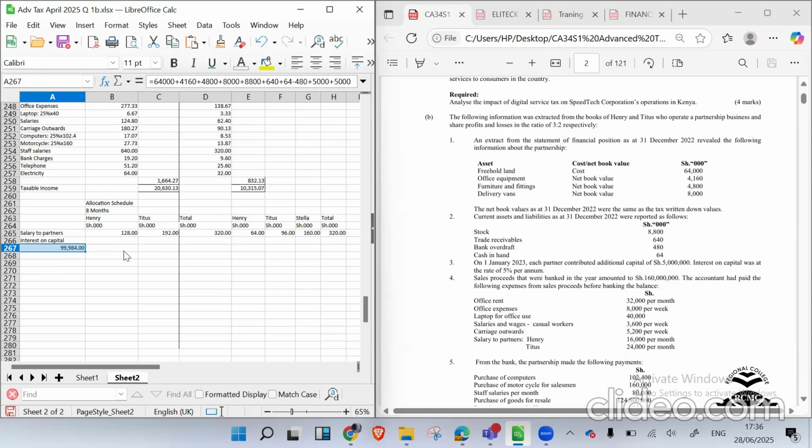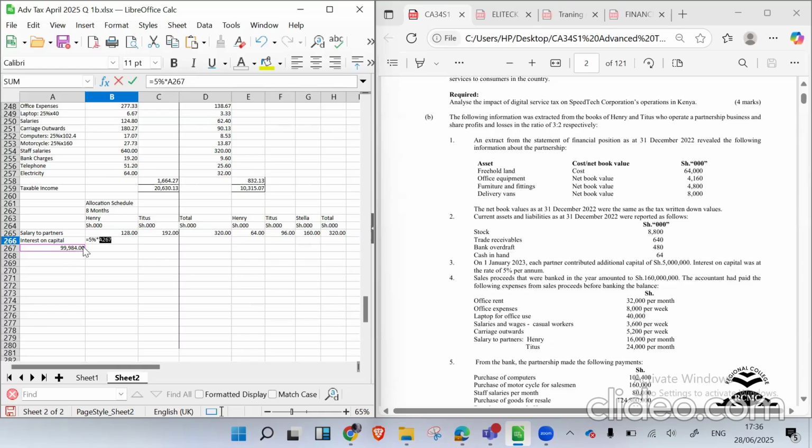Let's go slowly. Now, there is 5%. So for Henry, for the first 8 months, he got 5% of these. Now remember, we should divide by 2, since capital was contributed by each one of them.